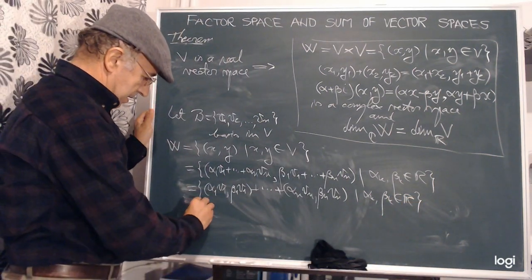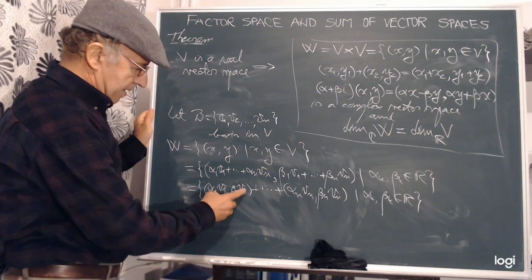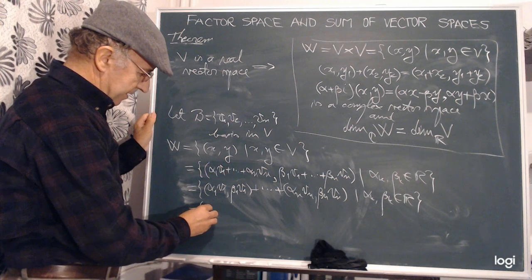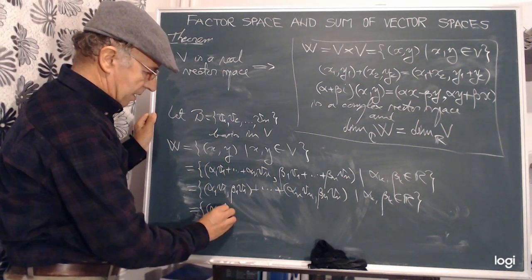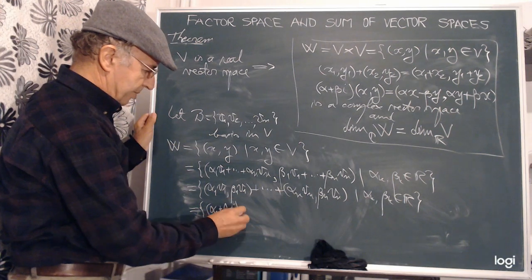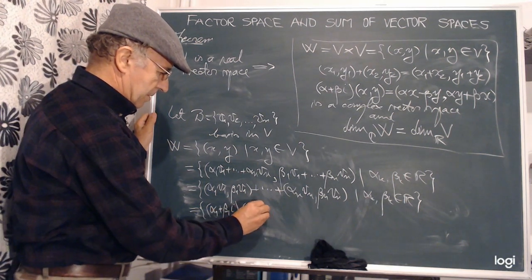And we can remark that this vector is exactly (alpha 1 plus beta 1 i) times (v1, 0).